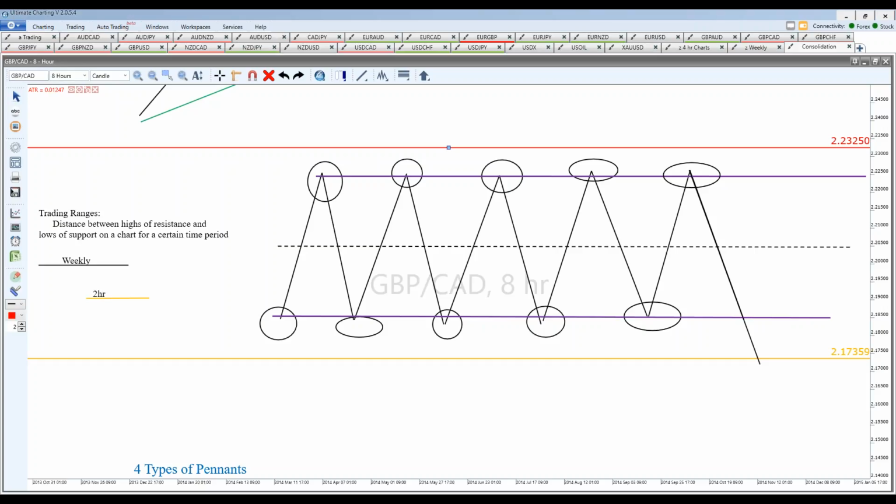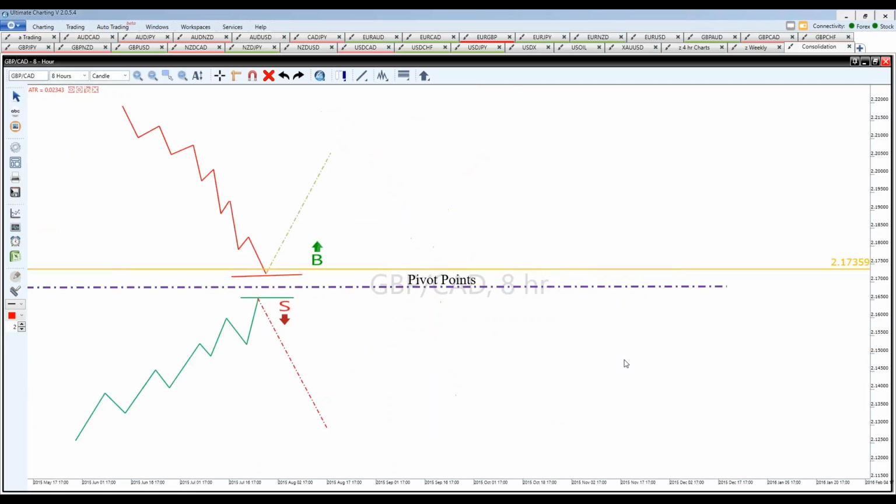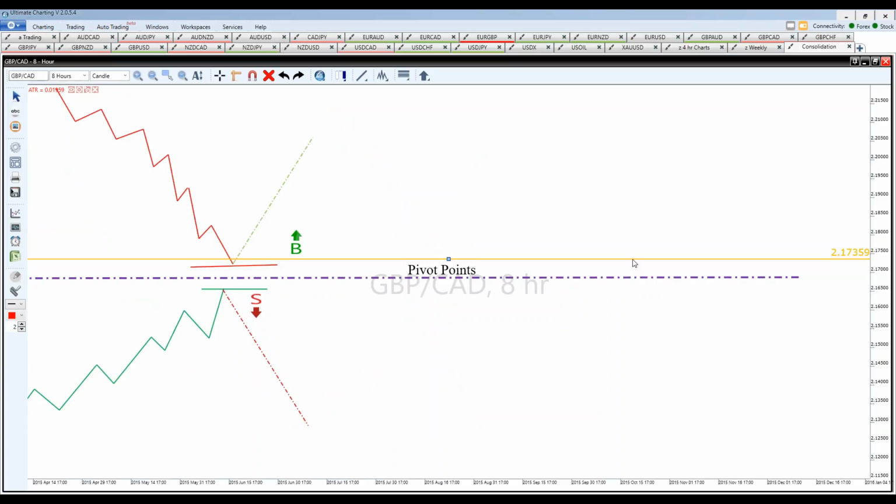Now let's talk about Forex pivot points. Forex pivot points are areas where the market creates a price level of support and resistance.